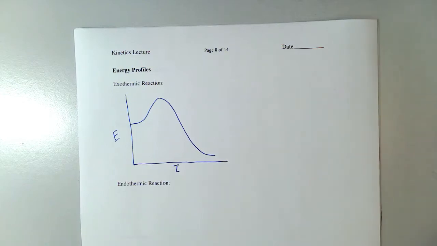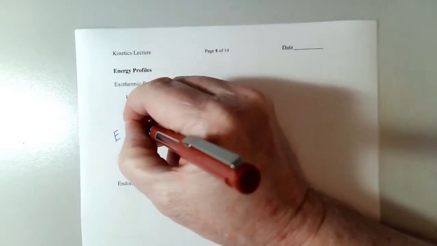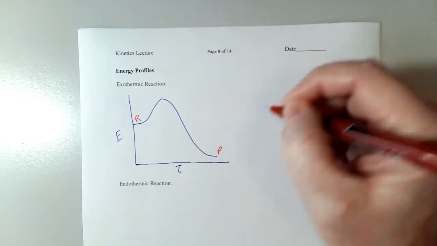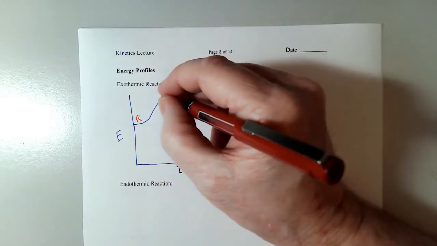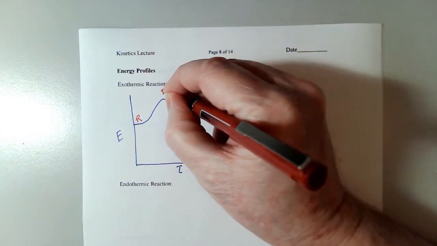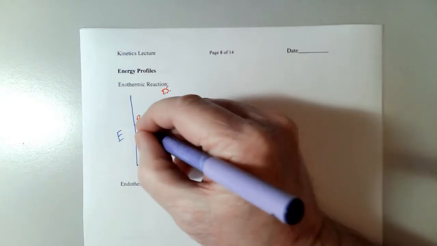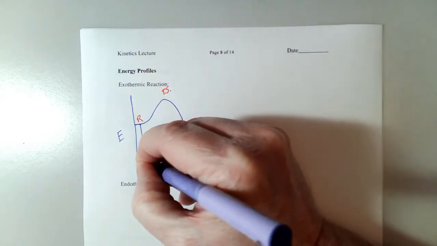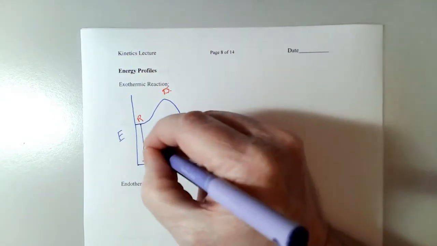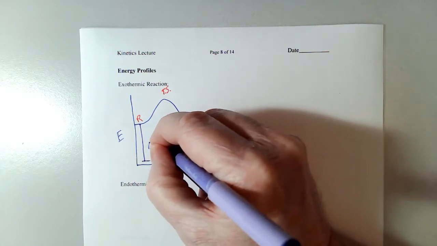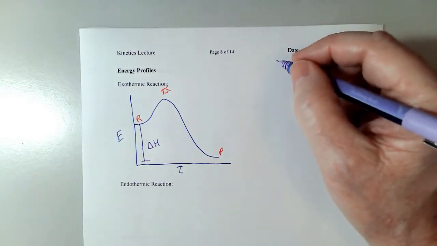Okay, so with that drawn, these are the reactants and these are the products. Up here at the top of the energy barrier is the transition state. Okay? Now, the energy difference between the reactants and the products is delta H. That's the enthalpy change.